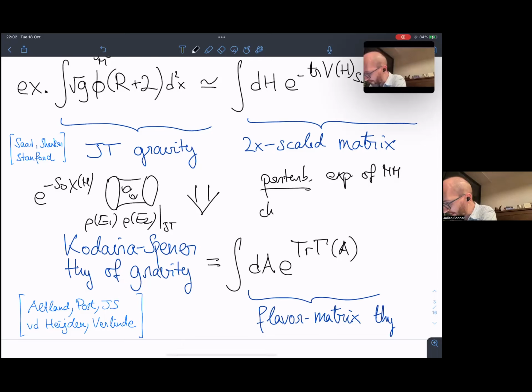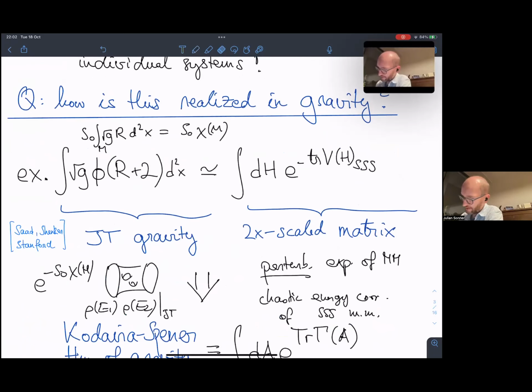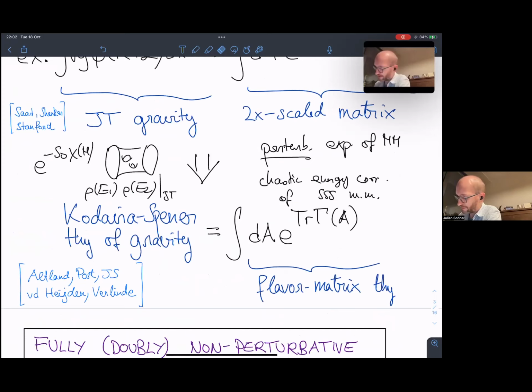These are the chaotic energy correlations of this matrix model, of the SSS matrix model. Okay, so there is a correspondence between gravity and the matrix model at so far the perturbative level in the matrix model.